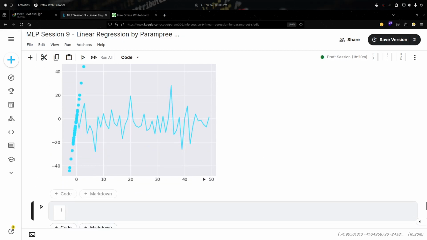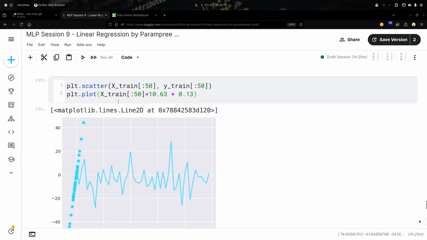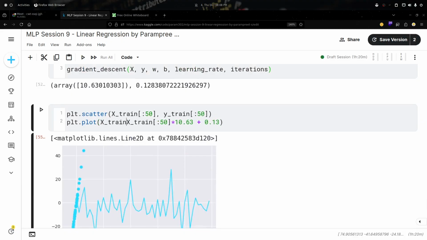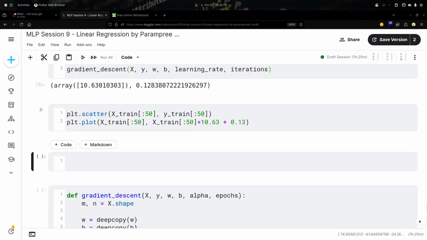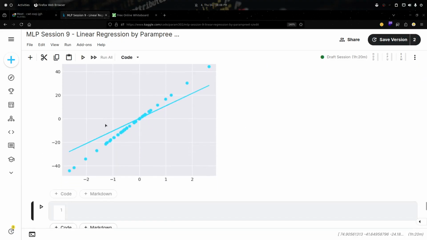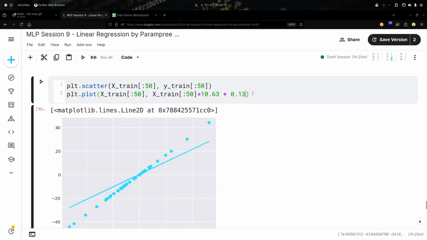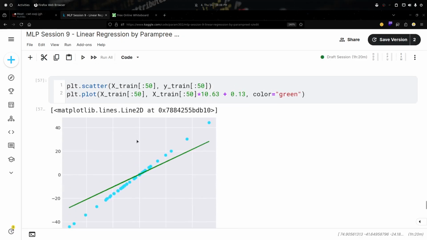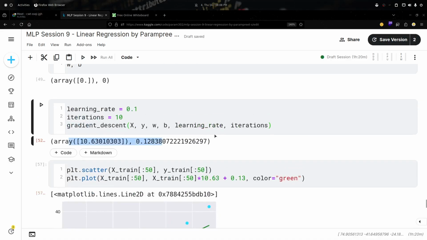And if I run this, okay, this is for the x-axis, so I have to pass in the x-axis also. So yeah, you can see this line. Let me color it to some different color, green. Now you can see this green line is the line which we get from these weights. And let me label it best fit.